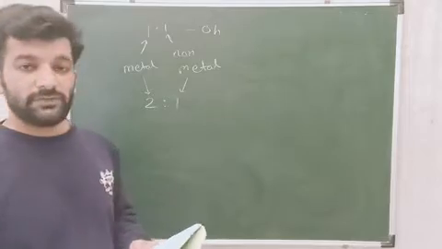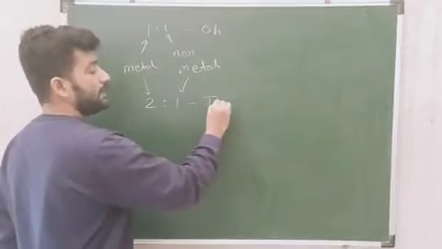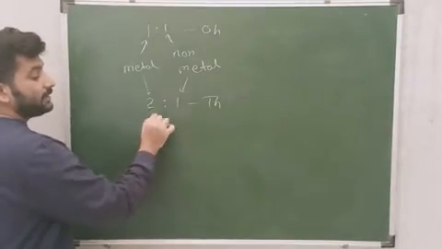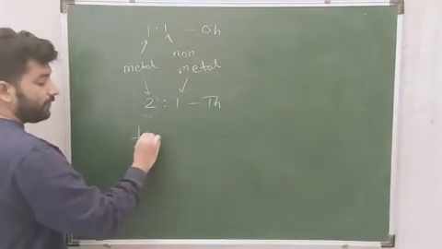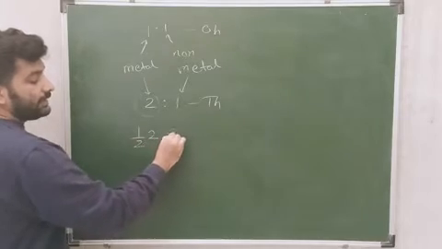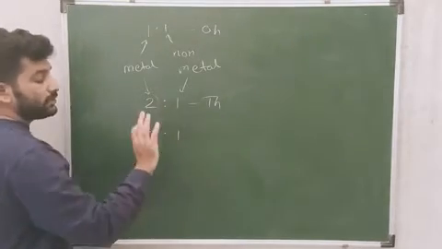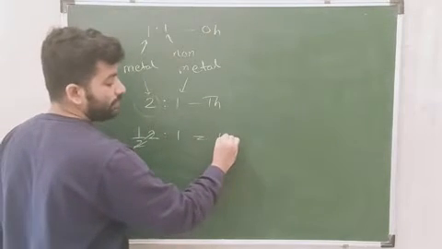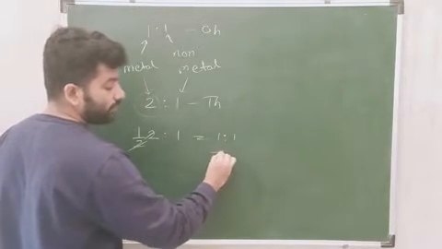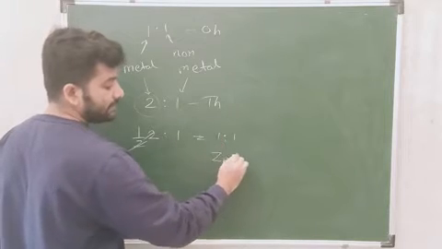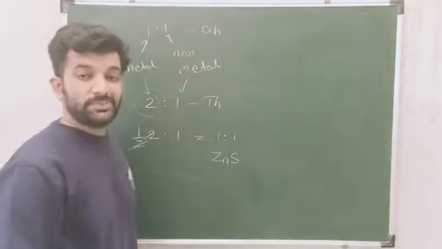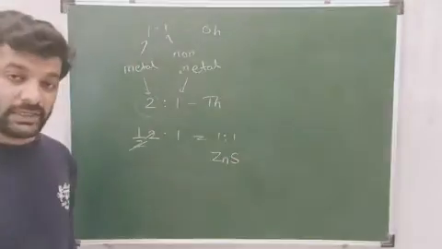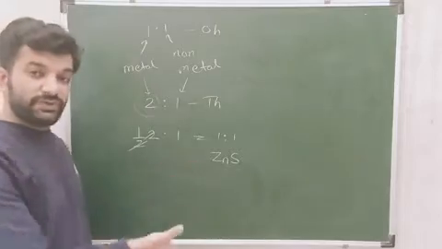They have told us that tetrahedral voids are there and the metal ion, that is zinc, is occupying half of the tetrahedral voids, and they have not told us anything about the non-metal, so we keep it as it is. These two get cancelled and we get the ratio 1:1. So the formula for zinc sulfide is Zn 1 and S 1. This tells us the number of atoms present in that molecule. This is one way to solve.